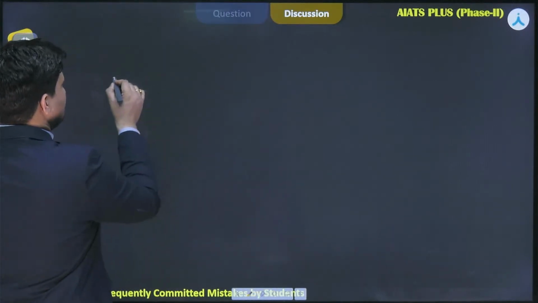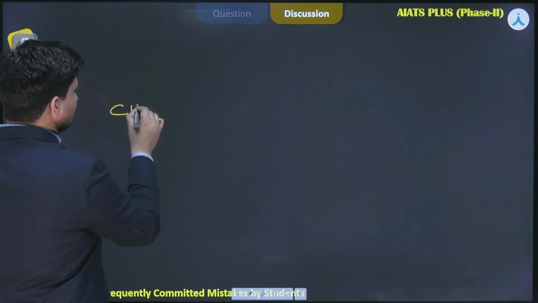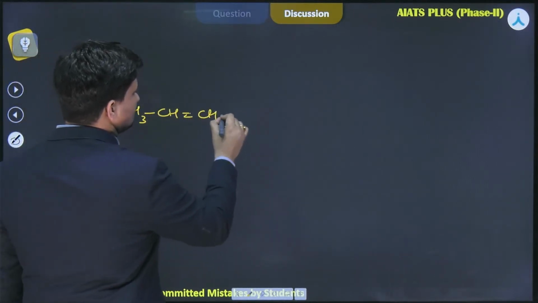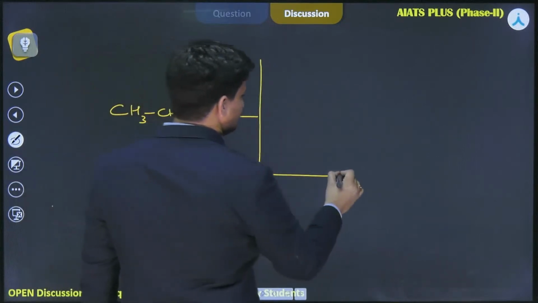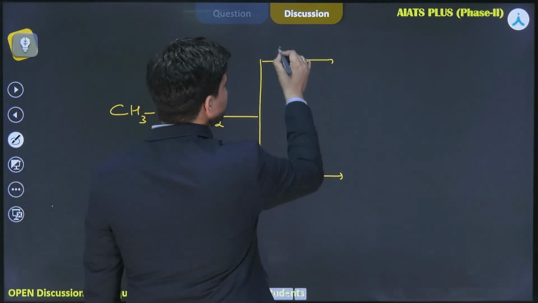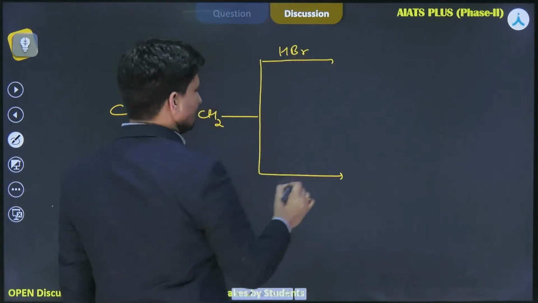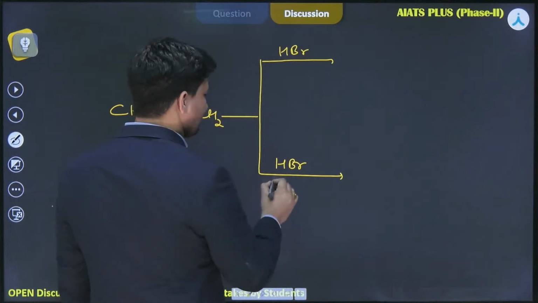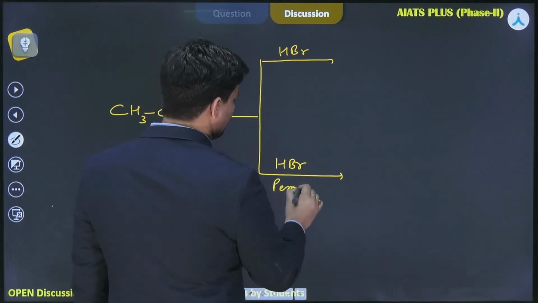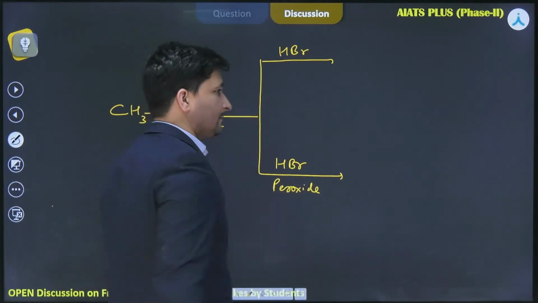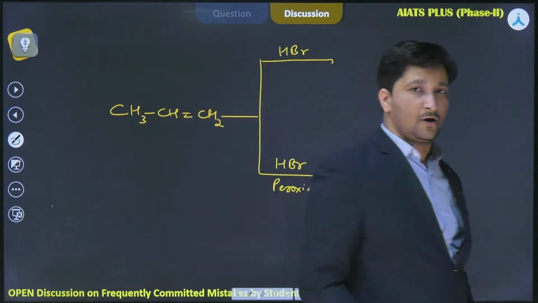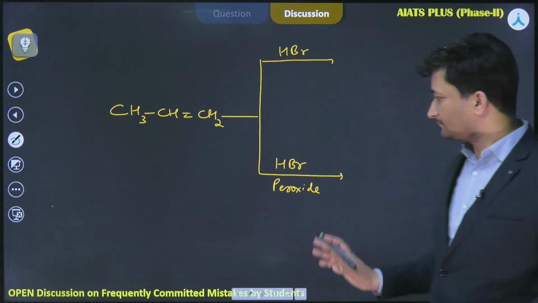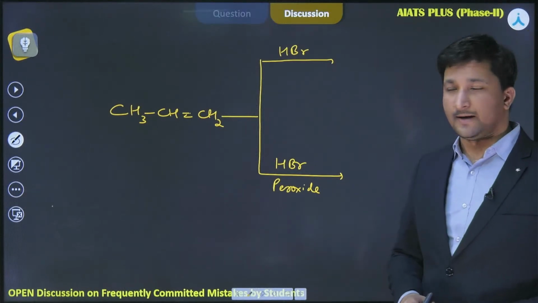So we have discussed a simple case, CH3 CH double bond CH2, if it simply reacts with HBr, and another case is that HBr reacts in the presence of peroxide. It can be benzoyl peroxide, hydrogen peroxide, or other free radical generators. Okay, so you can use any of them. So in that case, what is going to happen here?